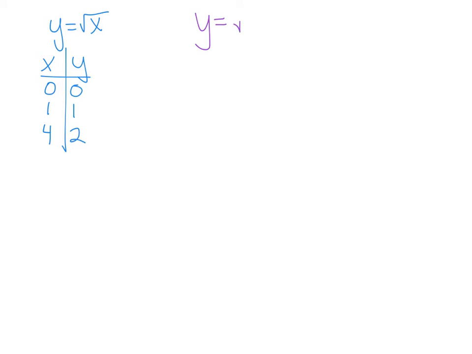Know that this is what we are stemming from when we go to the next page. Again, I'm going to write y equals the square root of x. So we know we've got x, y: 0, 0; 1, 1; and 4, 2. Now when we look at other examples, like y equals the square root of x plus 2, plus 4, recognize how this is changing.